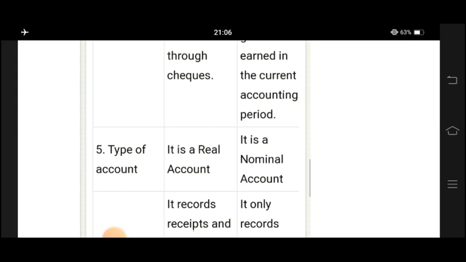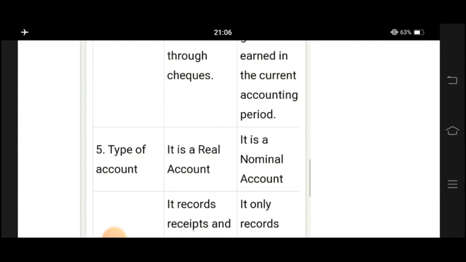And when we talk about the income and expenditure account, all the transactions due to which the firm bears a loss or expenditure will be debited, and all the transactions due to which the firm earns income will be credited there.